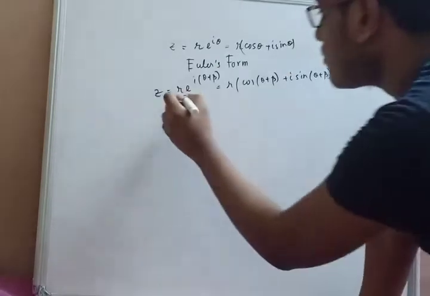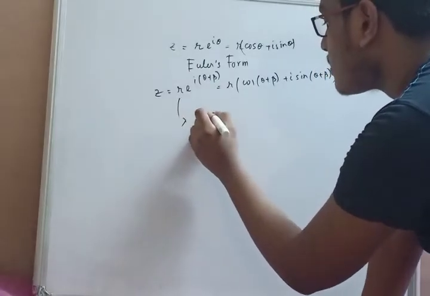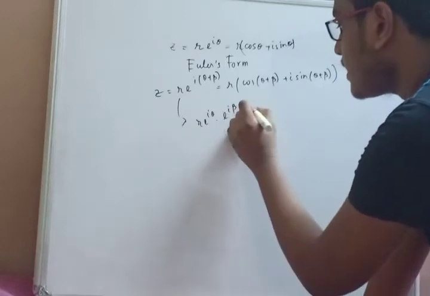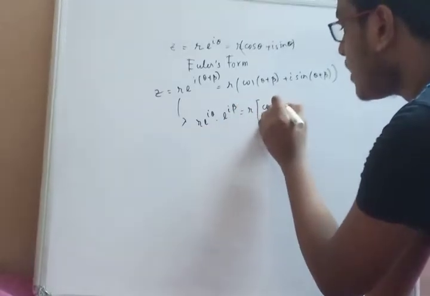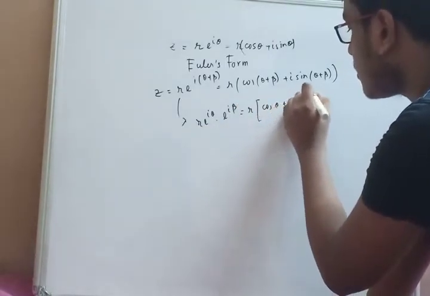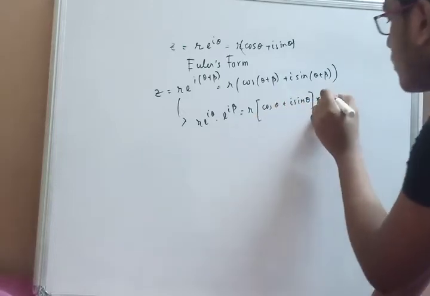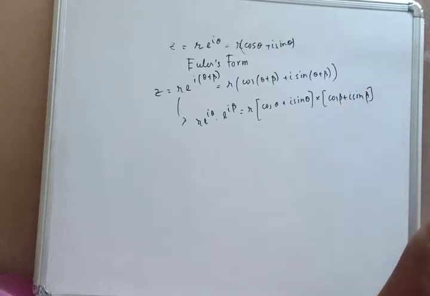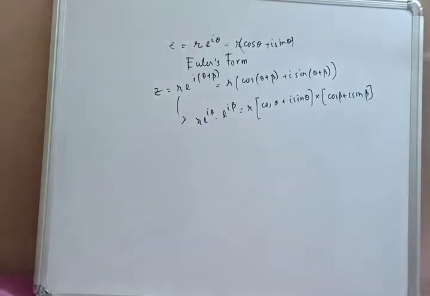Now if I separate this out, e to the power i theta times e to the power i beta, and this I can write as cos theta plus iota sin theta multiplied by cos beta plus iota sin beta. Right? I can write it like this.